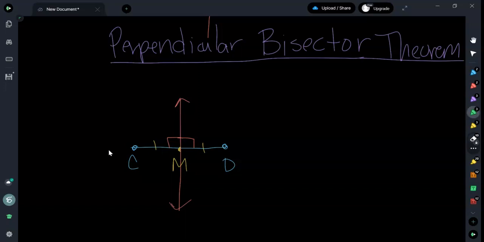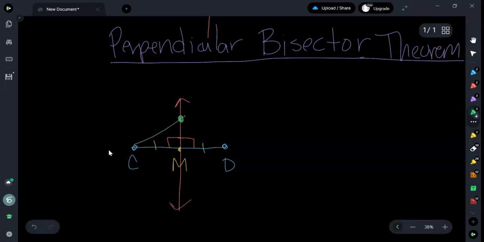So what's up with this perpendicular bisector theorem? Well, the perpendicular bisector theorem states basically that any point you pick on that perpendicular bisector is going to be the same distance away from each endpoint. So basically this segment and this segment are congruent. Let's say that's point R. That means CR is congruent to RD because R is on the perpendicular bisector.